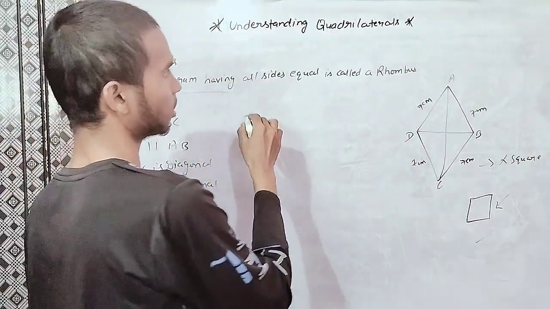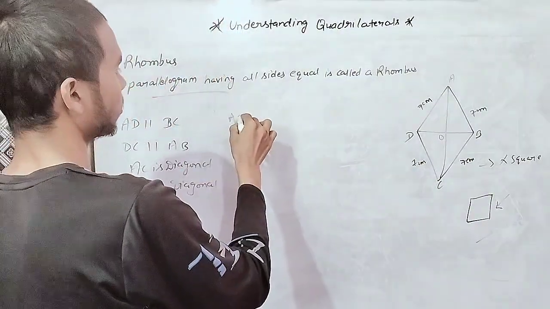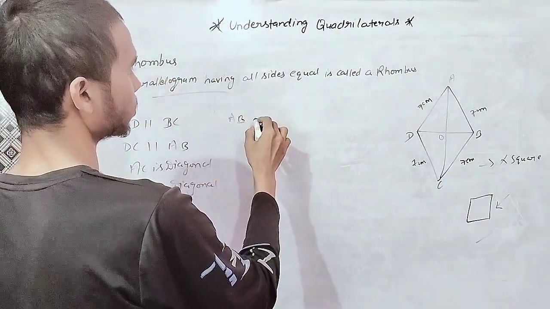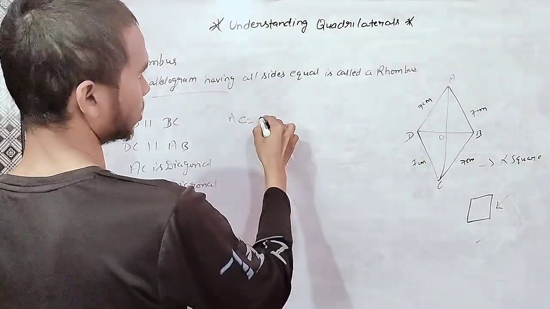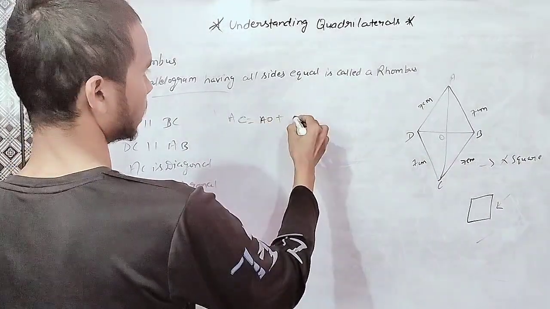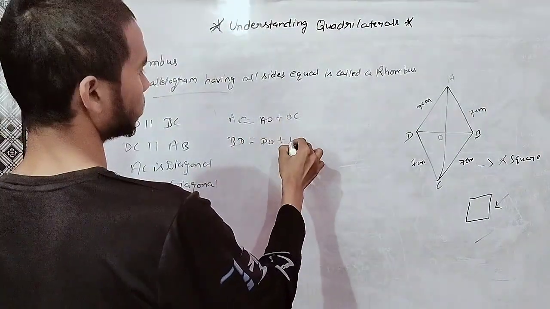Now here the intersection is at O. Can we write AC is equal to AO plus OC and BD is equal to BO plus OD?